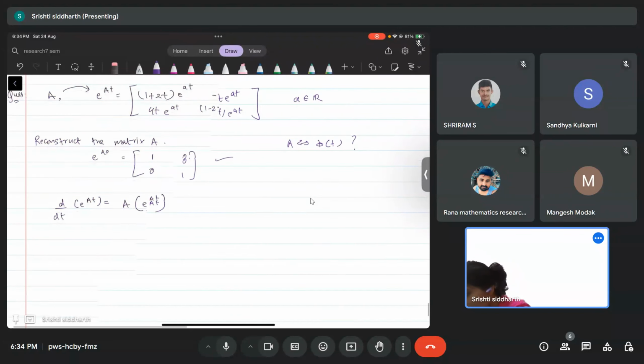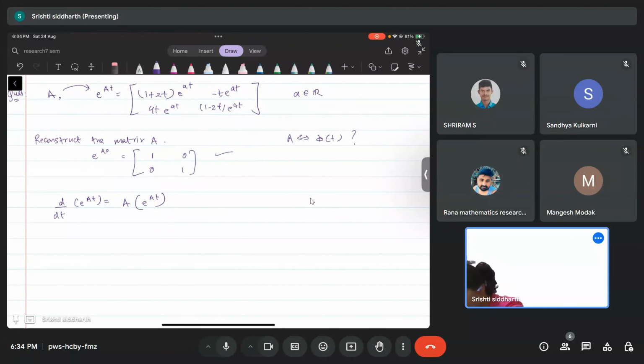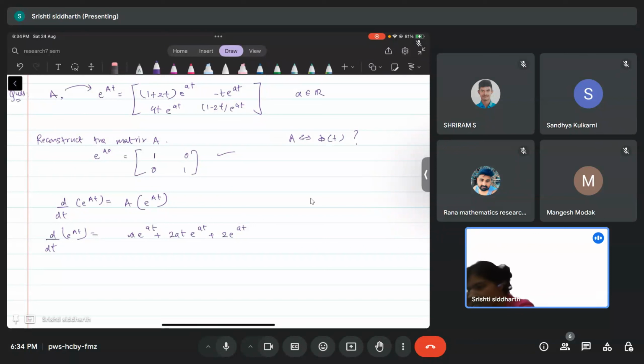Alright, so let's see. The derivative of e to the power At is A times e to the power At plus 2At e to the power At plus 2 to the power At. Similarly for the rest of the terms.